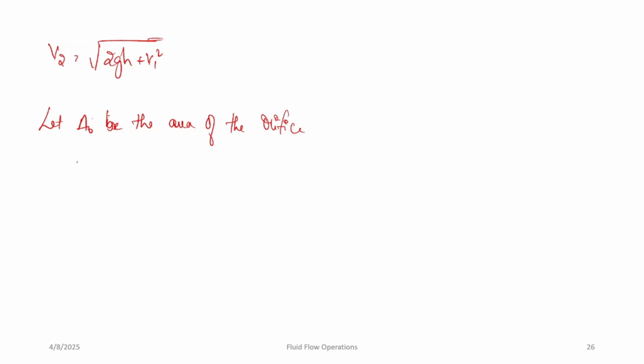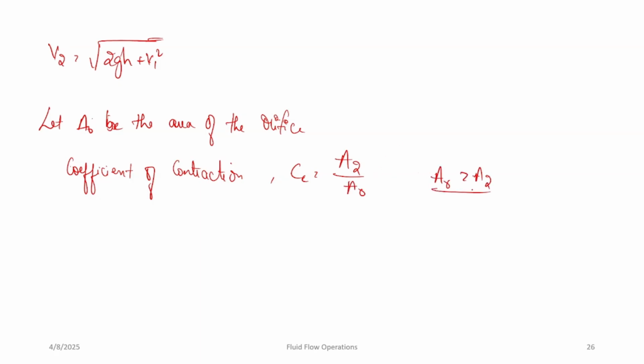So coefficient of contraction is given by CC, which will be equal to A2 by A naught. So here A naught will be greater than A2. Okay.